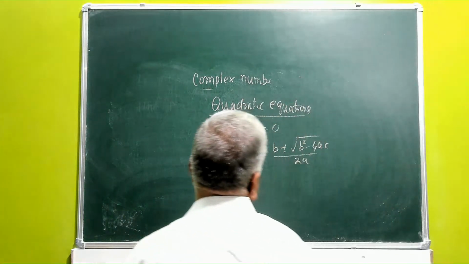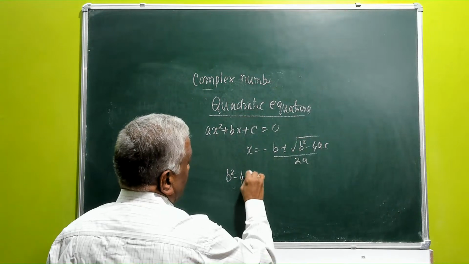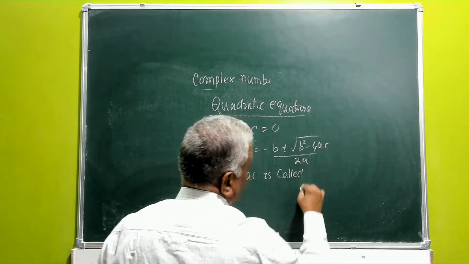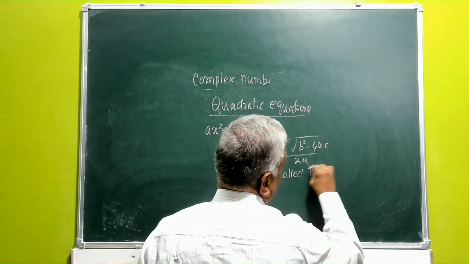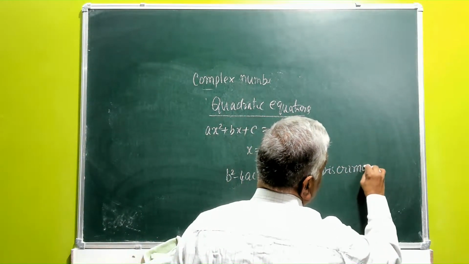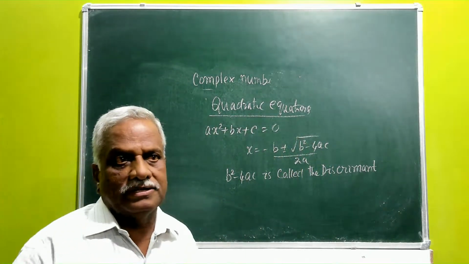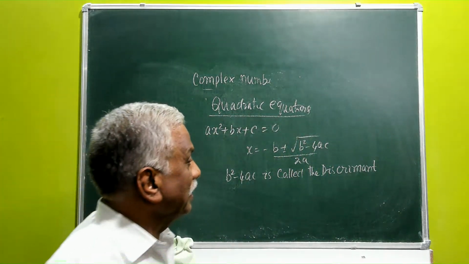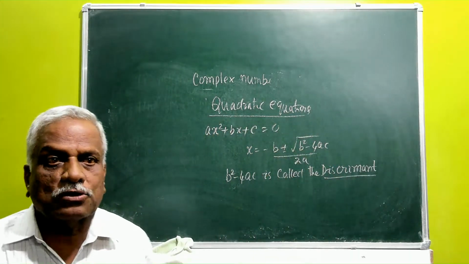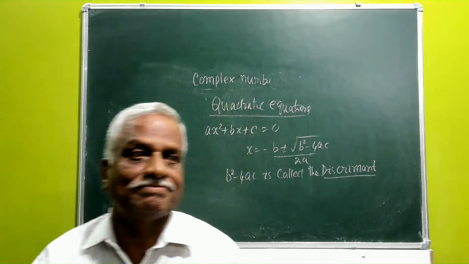Now here b square minus 4ac is called the discriminant. Just repeating this, in case you have forgotten, you can recall. Why is this called the discriminant? Because it discriminates the roots.